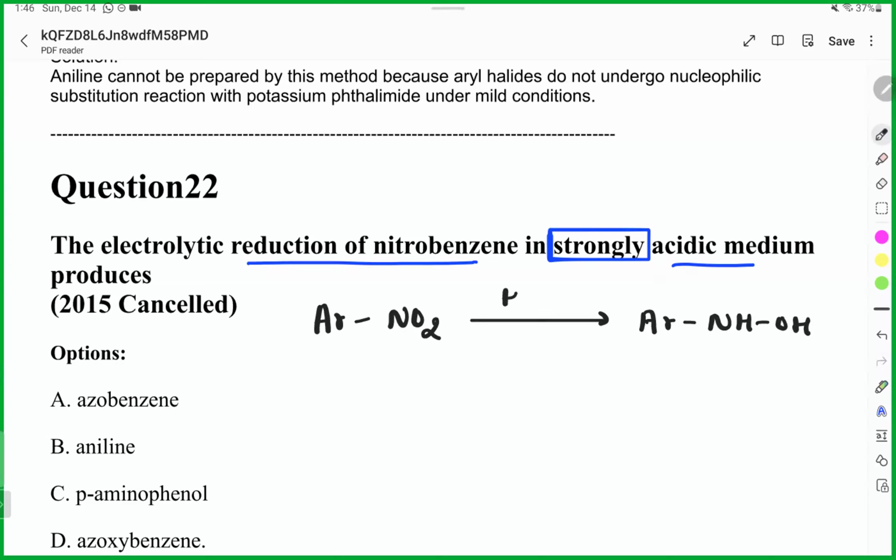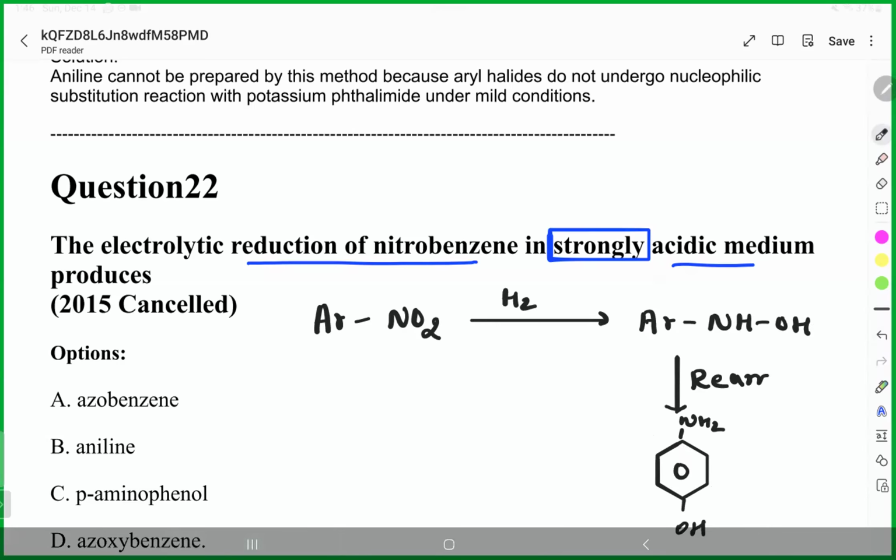Addition of hydrogen, but in very strong acidic medium, and if you do rearrangement, after rearrangement what will happen? On the benzene ring, it will be NH2 and OH will go to this position.